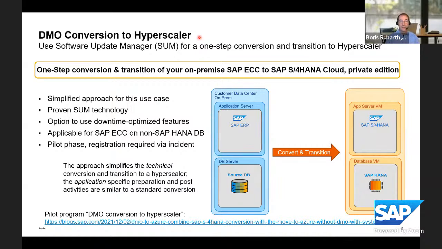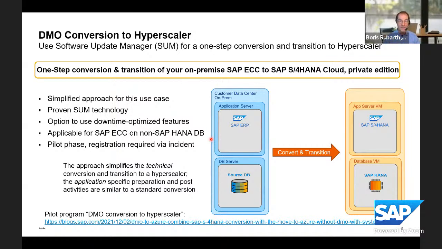And it's important to mention this approach is for system conversions only, so only for targeting SAP S/4HANA. A side remark, you see on this list, it is only applicable for source systems not yet on HANA database. This applies also for DMO with system move. I have to add, DMO with system move uses the migration feature of the software update manager, and the tool does not support a HANA to HANA migration.